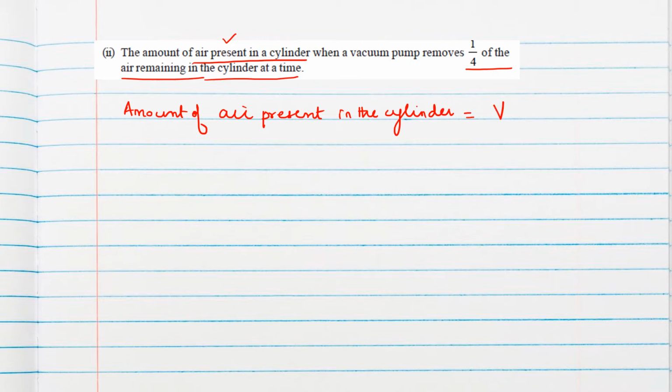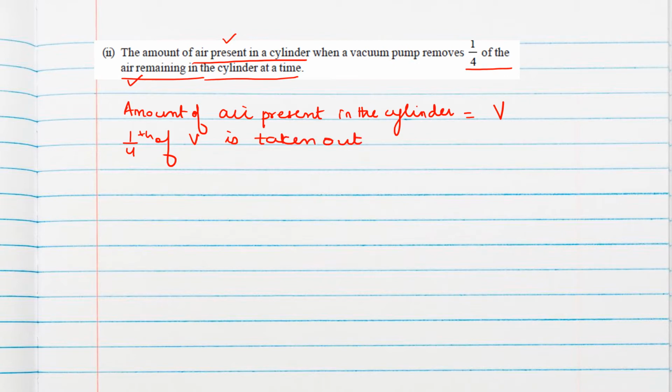Now from this present, 1/4 of the air remaining in the cylinder we should pump out. Okay, so we can write here 1/4 of V is taken out.